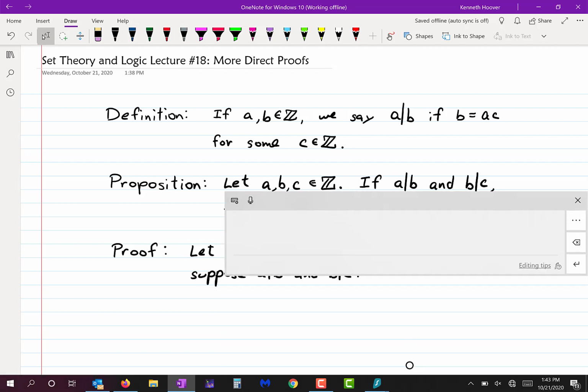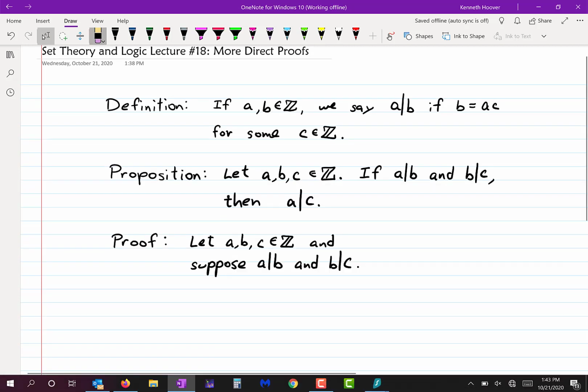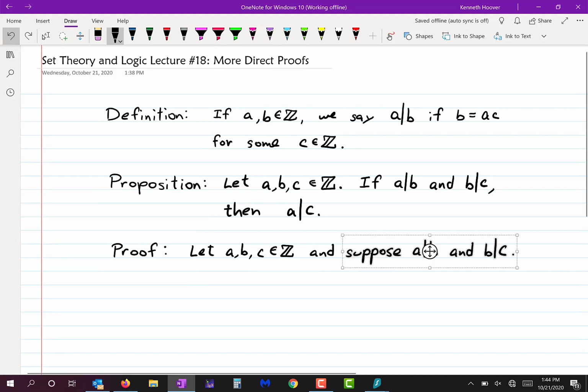Imagine a capital S on the word suppose. I could have done that. But this is all part of the hypotheses, so it makes sense to me to put them in one line. It's up to you though. Okay, now that's where I'm starting.